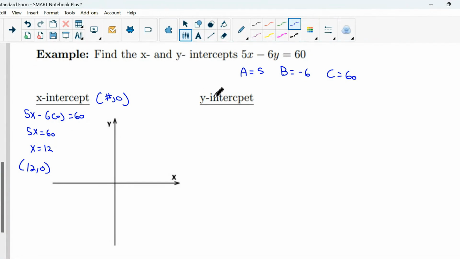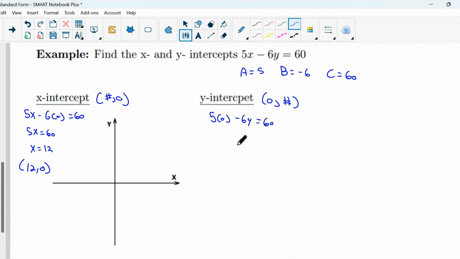Let's follow the same process for our y-intercept. Remember, our y-intercept is when you have a 0 for x and a number for y. So let's substitute 0 in for x. This gives us 5 times 0 minus 6y equals 60. From here, we need to solve for y.